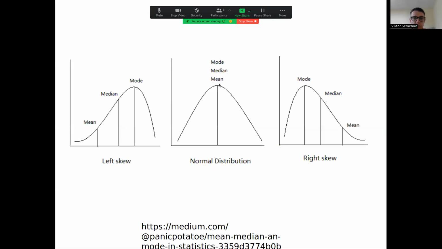So once again, in case of normal distribution, all is fine. Mode, median, mean, they tell us exactly the same information. But in case of skew, they become less useful in terms of representation of general tendency.